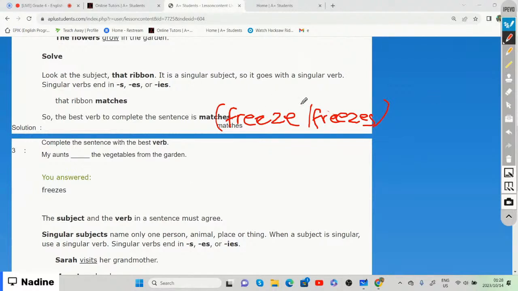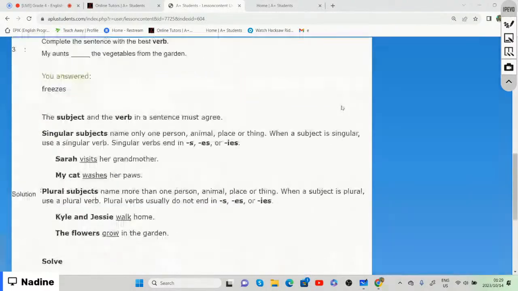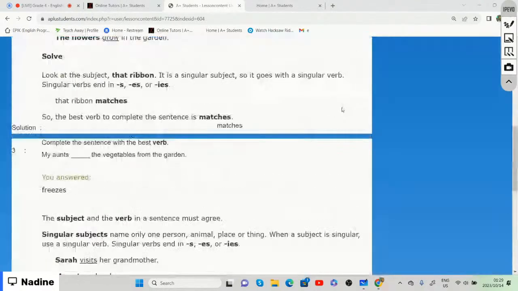So my aunts, they freeze the vegetables from the garden. So freeze. All right.